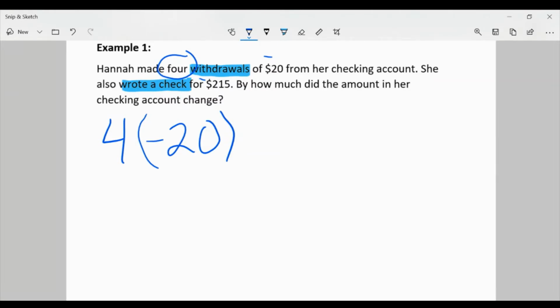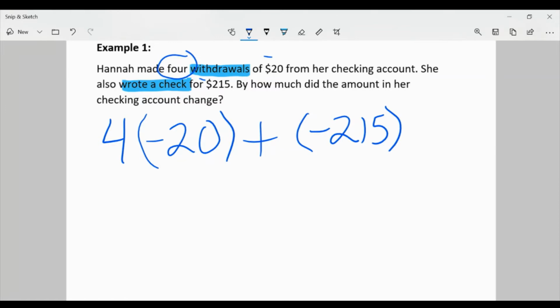But she also wrote a check for $215, right? So that means I have to add that in. And it is a negative $215. Right? So now we have our equation. This is going to tell us how much the amount in her checking account changed. Right? So I want to use my order of operations, right?